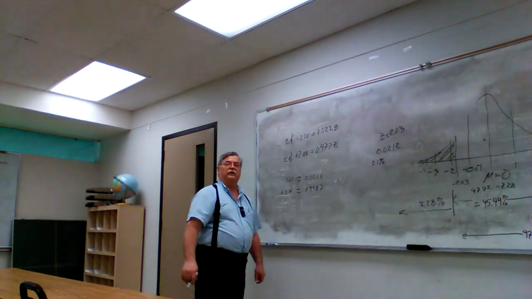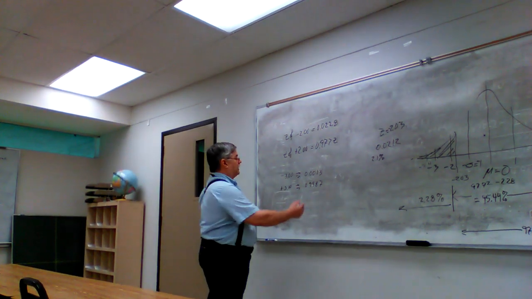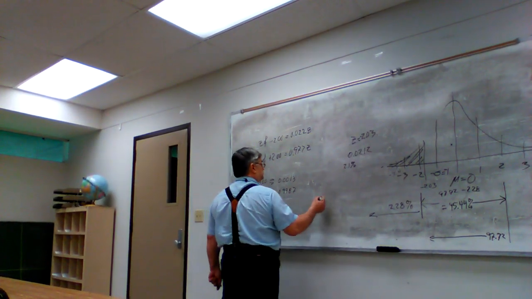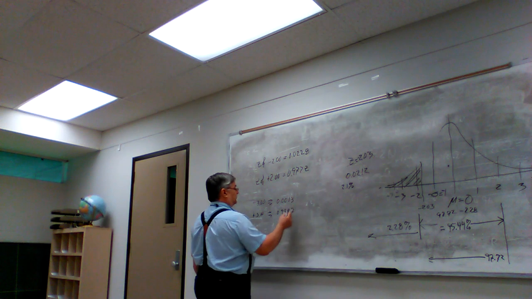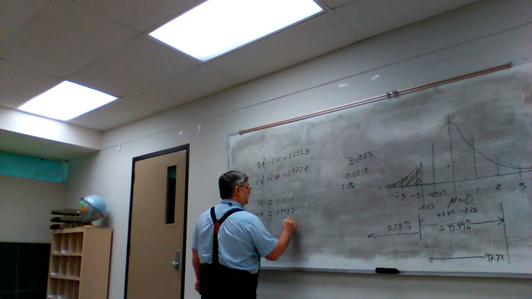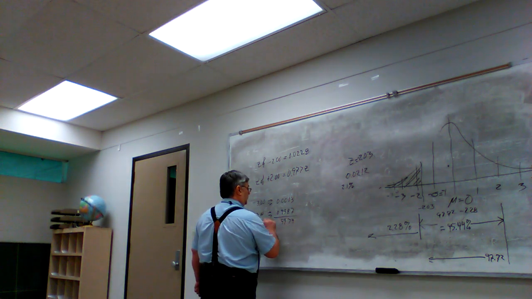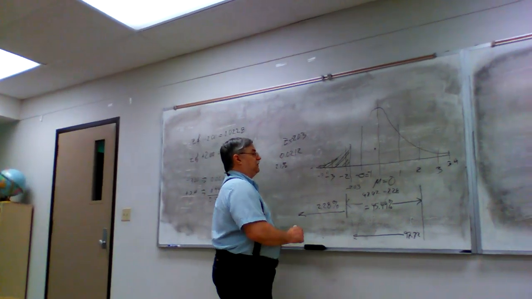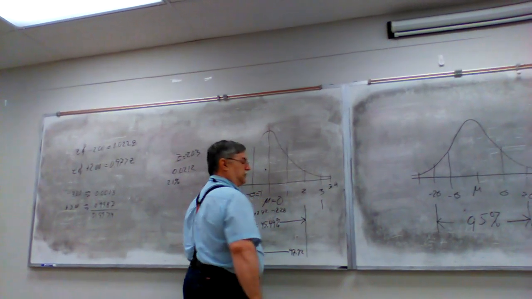So what's the percentage of the population between z of 3 and z of minus 3? 0.9987 minus 0.0013 would be 0.9974. Stated differently, because what does that z-score of 3 mean?